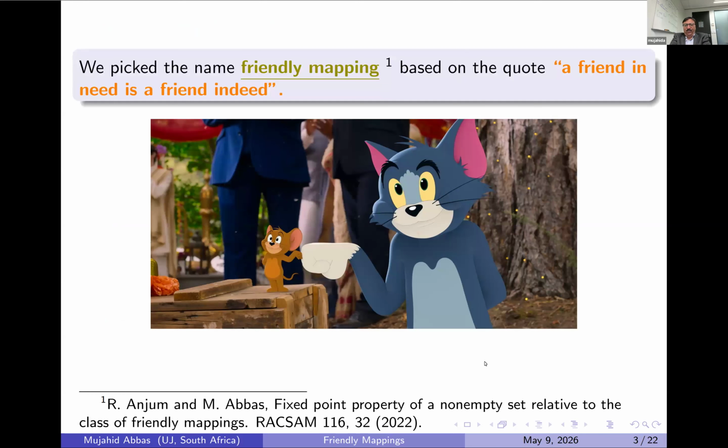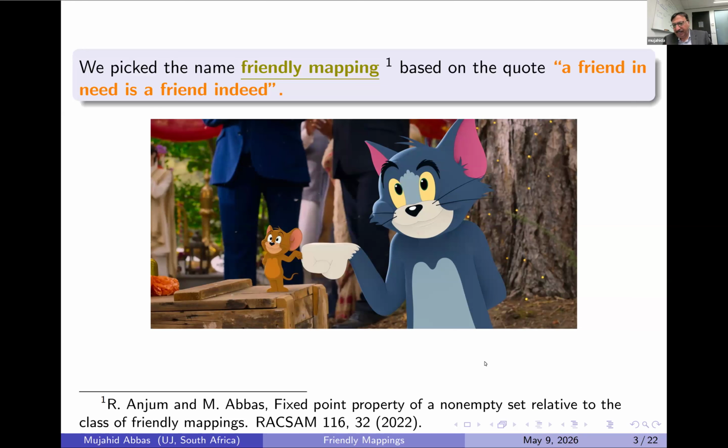Let's start with this quote. A friend in need is a friend indeed. The concept of friendly mapping was named based on this quote, and it appeared in one of my papers in 2022.